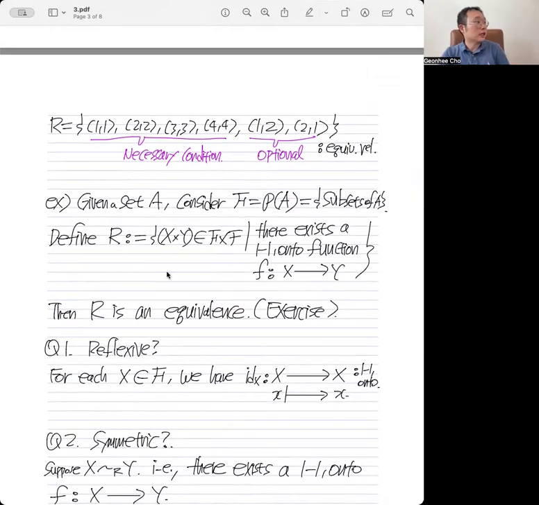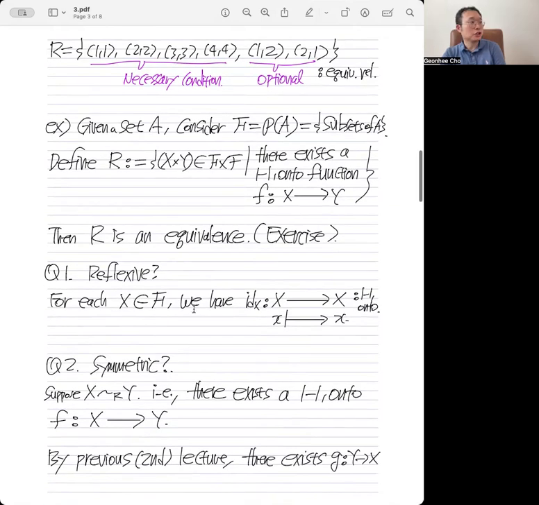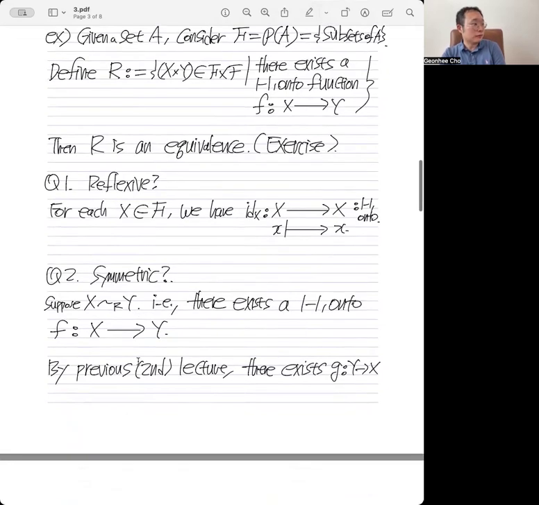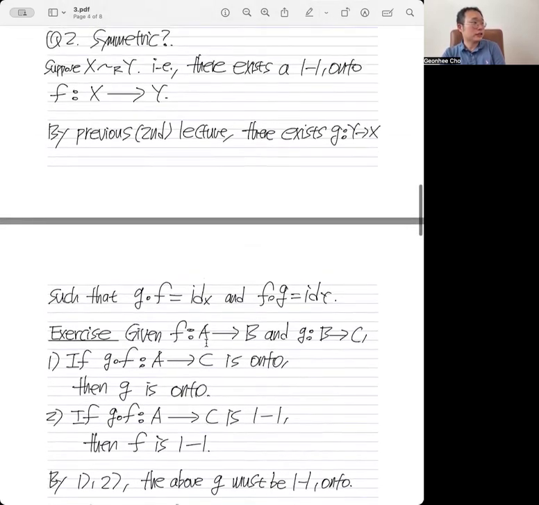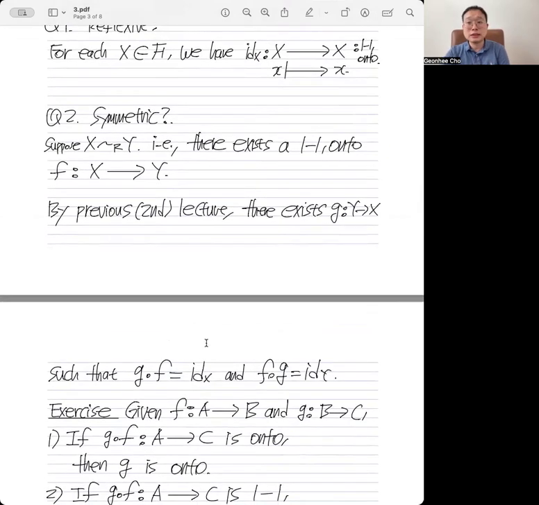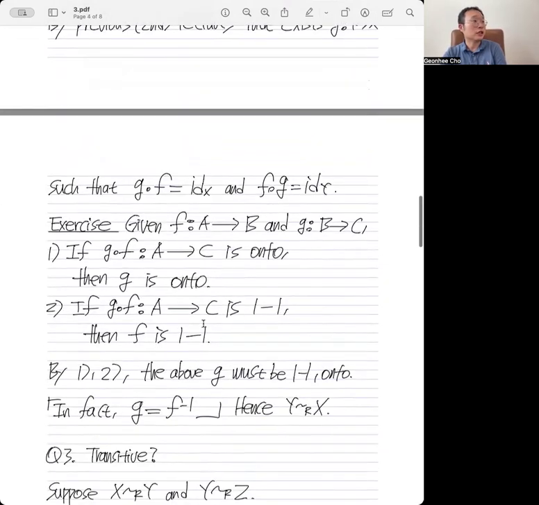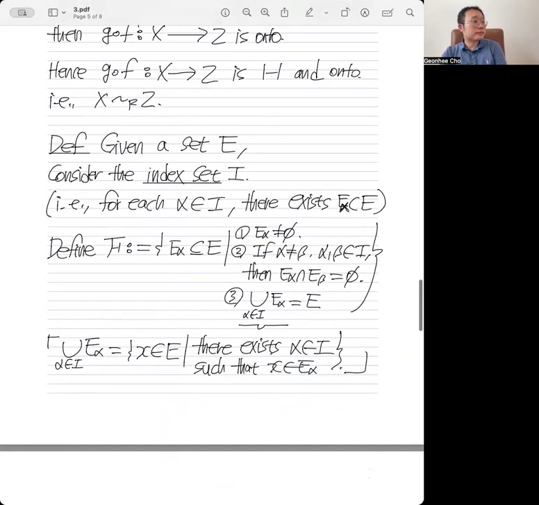Now let's look at an example. If we collect the functions from X to Y which are all bijective, then you can show that such a relation becomes an equivalence relation, because the identity function gives reflexivity, the symmetry comes from the inverse function, and the transitivity follows from the composition, which you can show using the characterization of one-to-oneness and onto-ness.